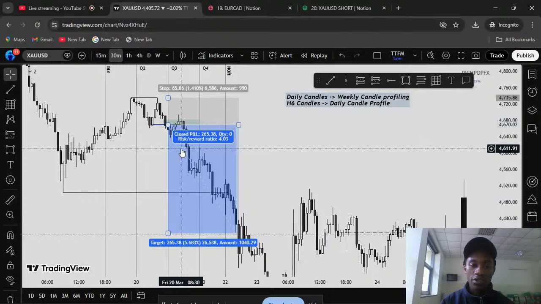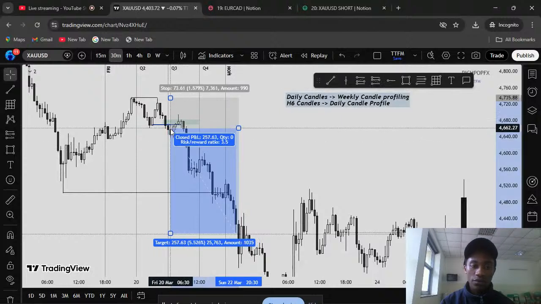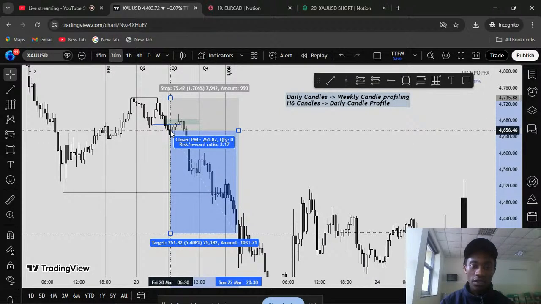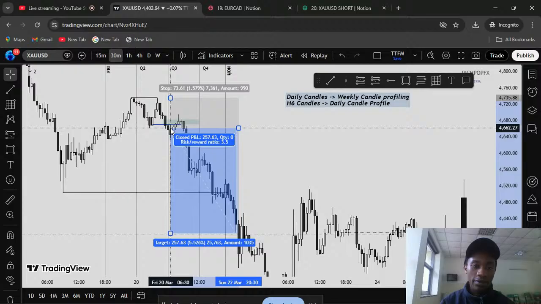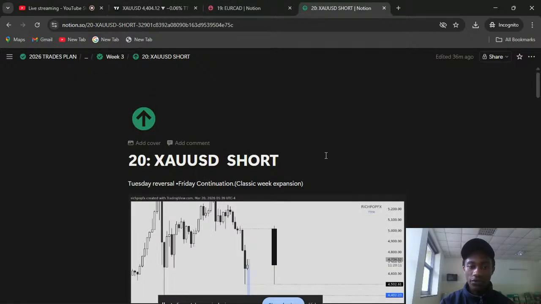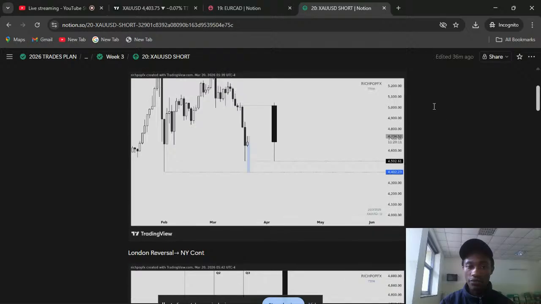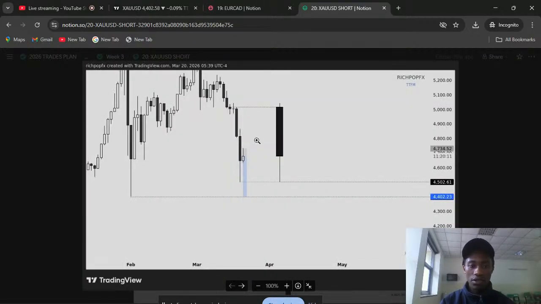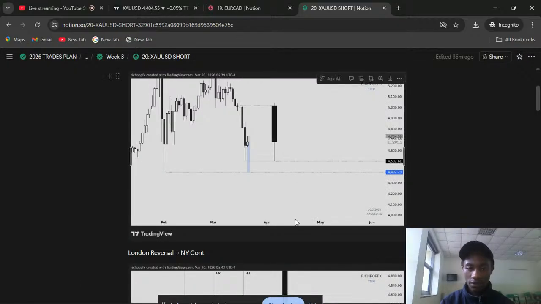I didn't enter immediately here because I was looking for Euro USD, but entered maybe like here. I think it's here. And okay, we can watch here in the charts. This is before we make. I don't know why.